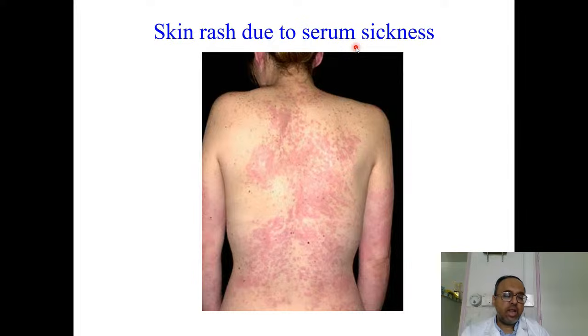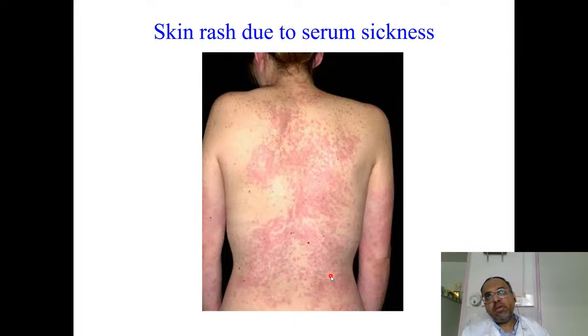And this phenomenon happened later when people developed and used anti-sera for other types of toxins like tetanus toxin, or anti-sera for snake bites or scorpion stings. The same thing happened. Skin rashes happened all over the body with some other symptoms.